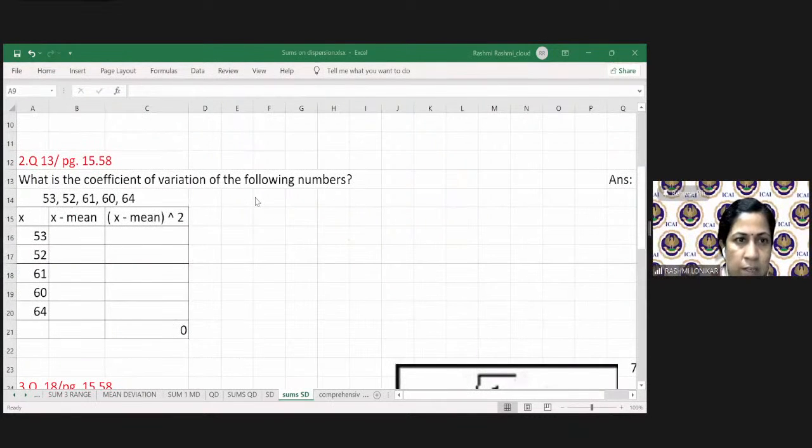Second question, that is, what is the coefficient of variation? Okay, so coefficient of variation, we know what is the formula? Coefficient of variation is equal to standard deviation upon arithmetic mean into 100.